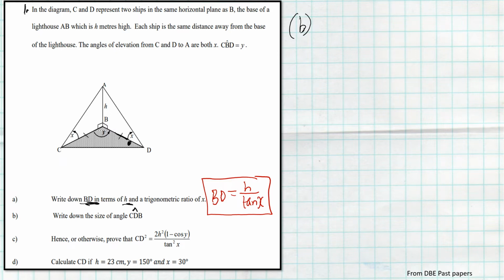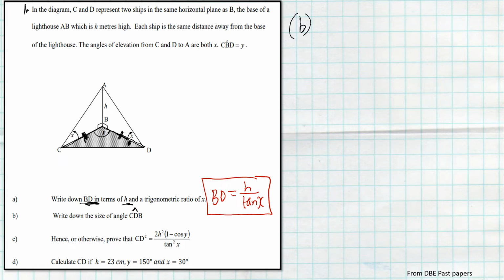They want that angle there, but you can see that angle is found on this triangle that is shaded. From that triangle we have sides that are equal. Can you see? BD is equal to BC. It means both of them are equal to H over tan x.